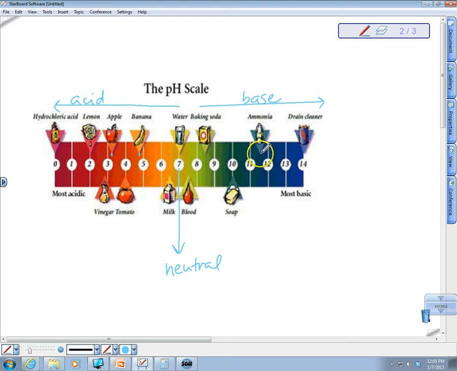Ammonia has a pH of about 11.5. Remember, this is what we use in like Windex and things like that. Drain cleaner has a pH of about 14. Blood and milk are 2 examples of things that are neutral. They have a pH of just about 7, real close to 7. So those 2 things are neutral.